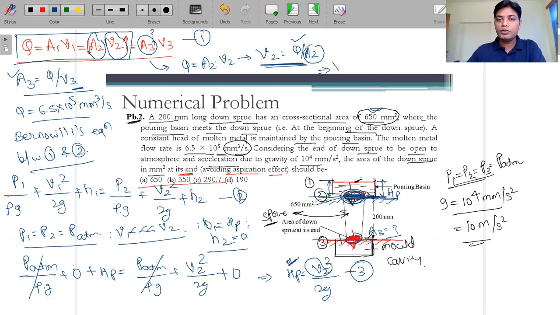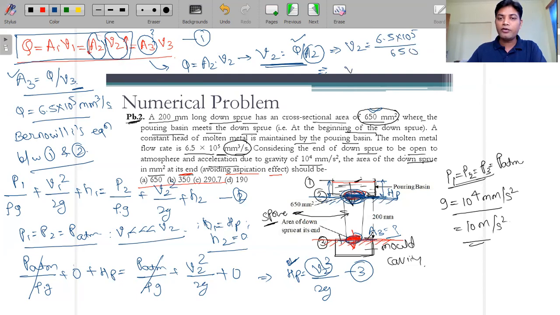V2 will be equal to 6.5 into 10 raised to the power 5. I'm just calculating that in mm per second only. So this is mm cube per second, and I'm keeping this in mm square only. So this is 650. V2 will be equal to 6.5 into 10 raised to the power 5 upon 650.